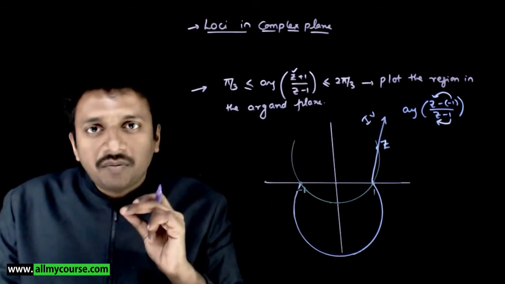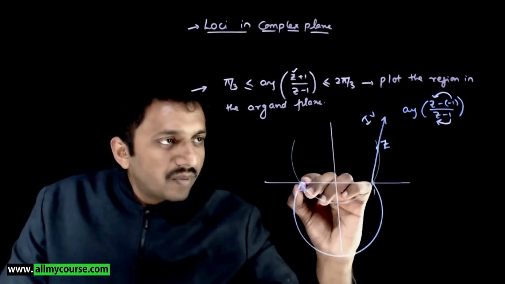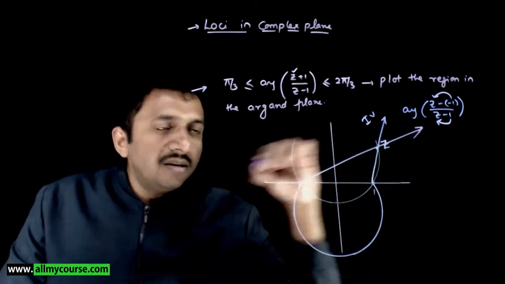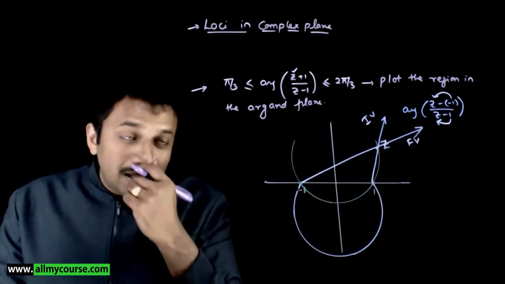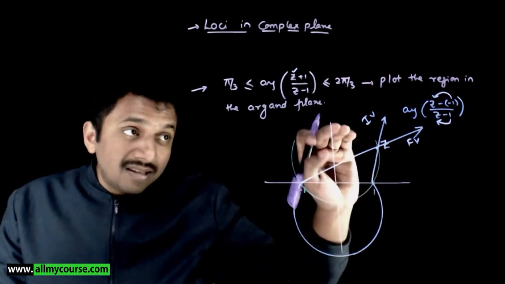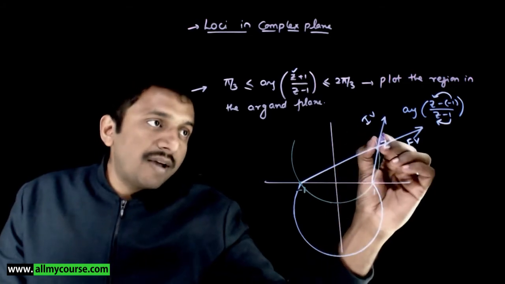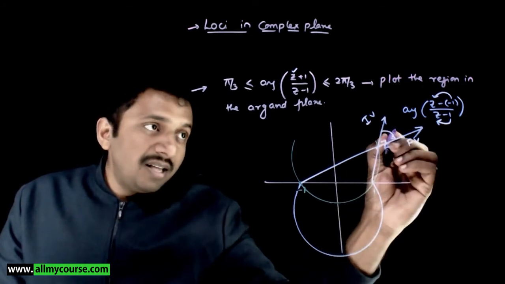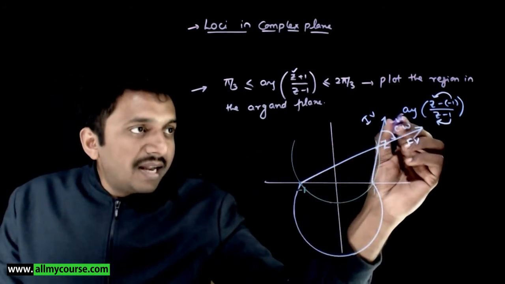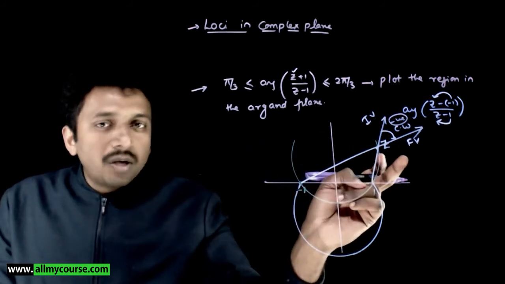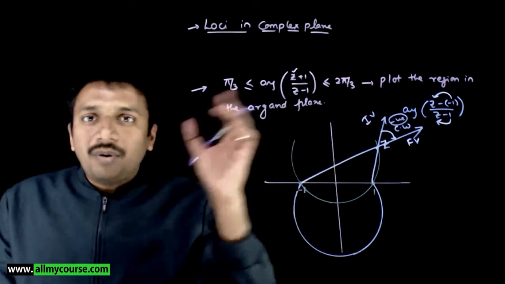The denominator represents the initial vector. And the final vector is the vector joining -1 to Z. Now if Z lies above the x-axis, as you can very clearly see, the final vector lies below the initial vector. The angle made between the initial vector and final vector is clockwise. That means this angle will be a negative angle. So you won't get positive angles corresponding to this argument in the region above the x-axis.